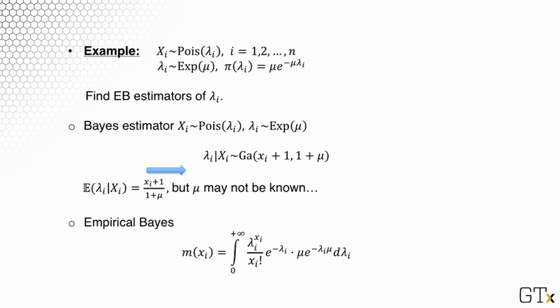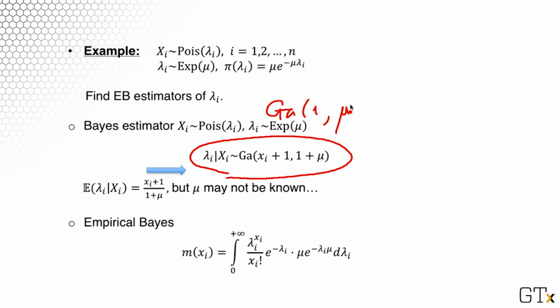The Bayes estimator for Poisson and exponential is the conjugate case, Poisson-gamma, where exponential is a special case of gamma. The posterior distribution is gamma, with parameters xi plus 1 and 1 plus mu.